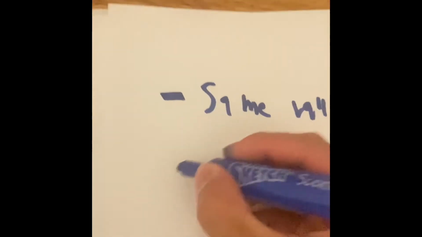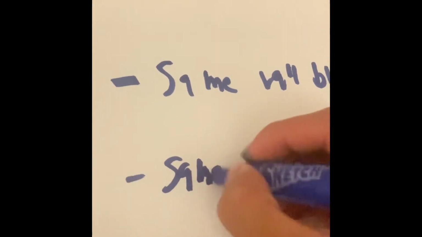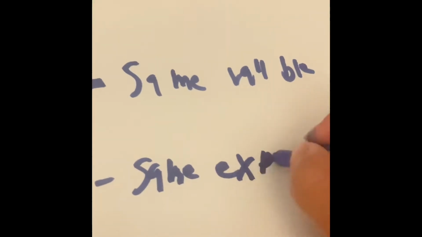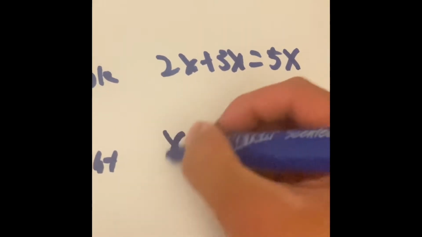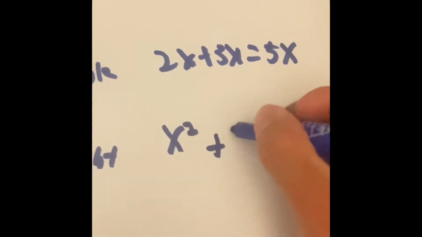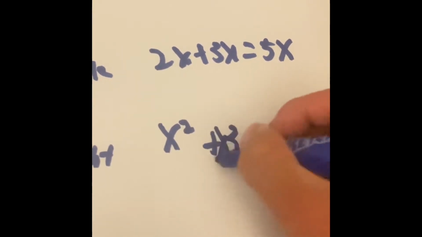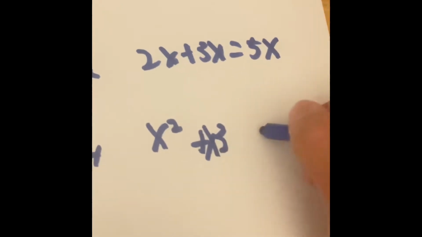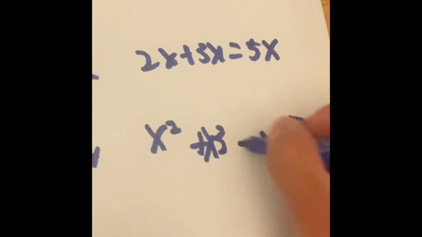You're also going to have the same exponent, like x squared plus x cubed, which does not combine into x to the 5th power.